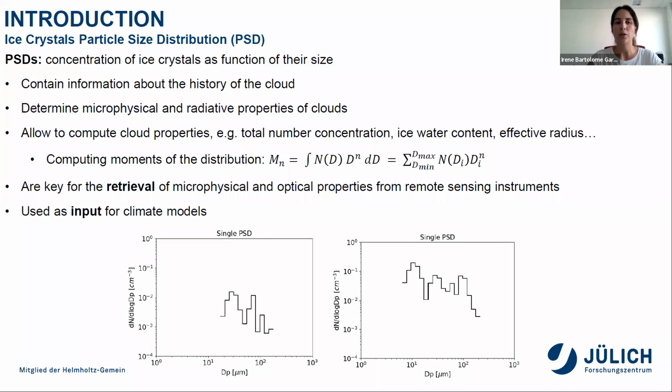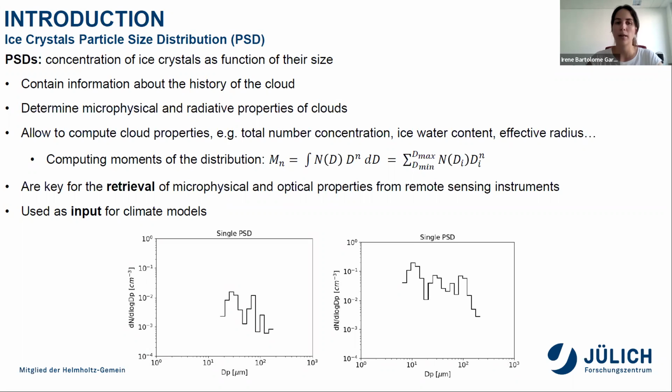They also determine microphysical and radiative properties of clouds. Knowledge of the PSDs also allows us to compute cloud properties, like the total number concentration, ice water content, or the effective radius, which is commonly used for obtaining optical properties.